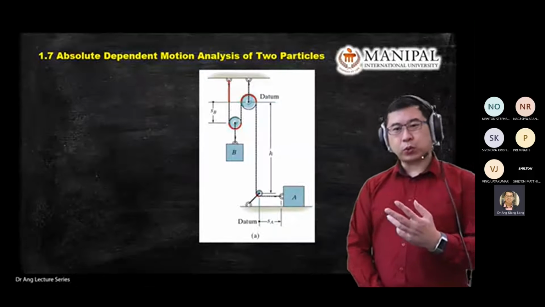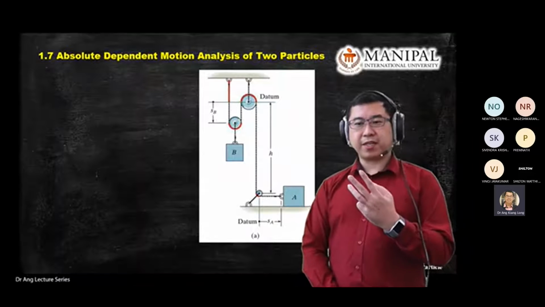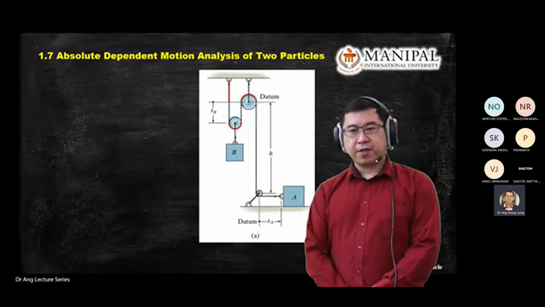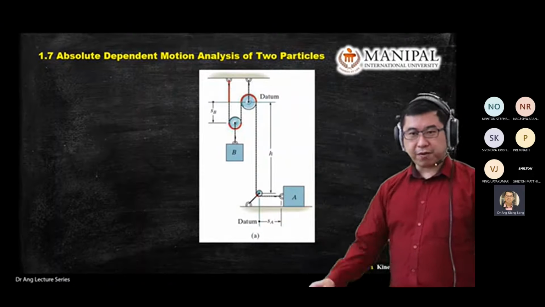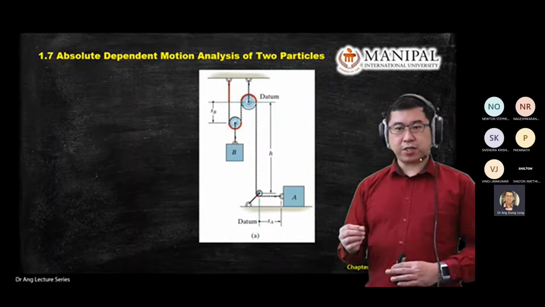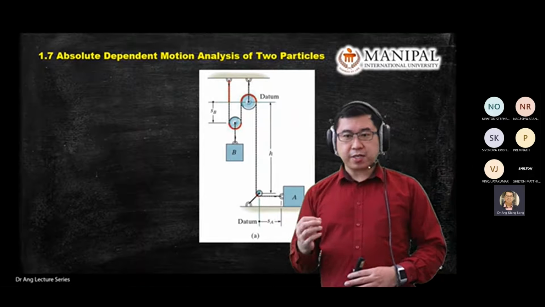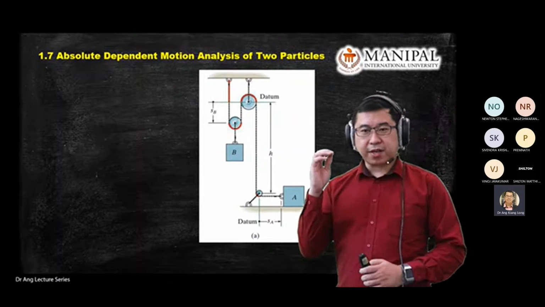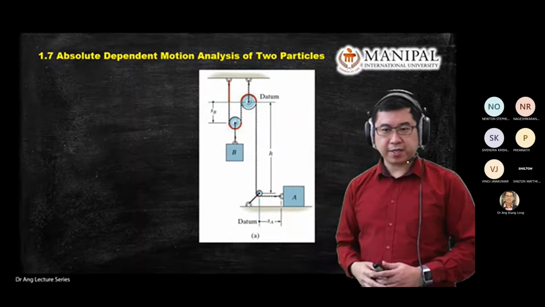Always refer to the three main keywords that we focused on just now. Ask yourself, what is the coordinate system you have over here? Ask where your origin is. Ask where your datum is. Ask what the positive direction is for that particular object.